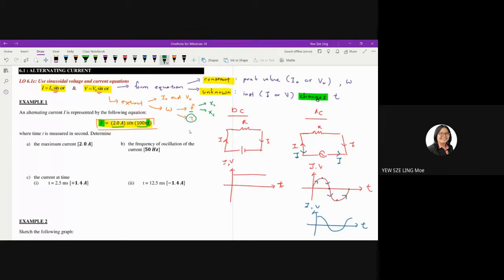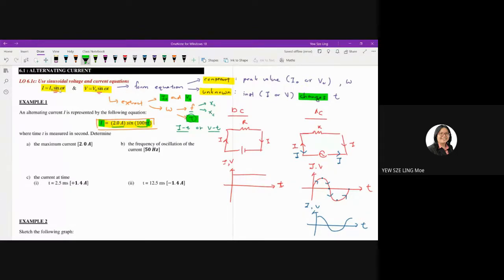Because questions like to ask you to sketch a graph based on the information given, based on the equations given. When it comes to graph sketching, usually you'll be asked to sketch an I against t graph or a V against t graph. When you're sketching these two graphs, the information that you must have in the graph is the maximum value and also the time taken to complete one oscillation, which is the period.